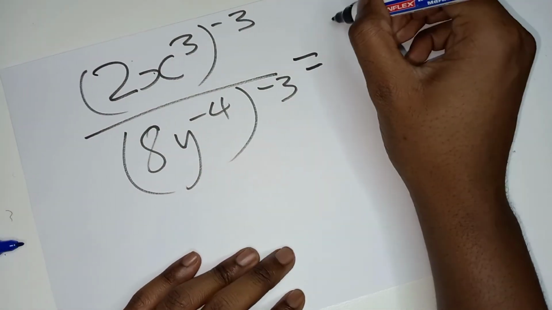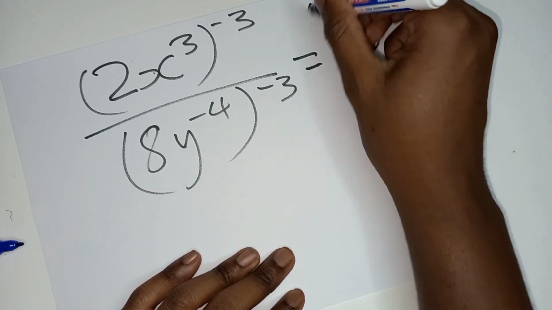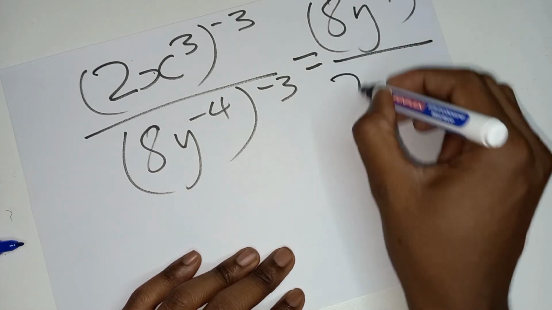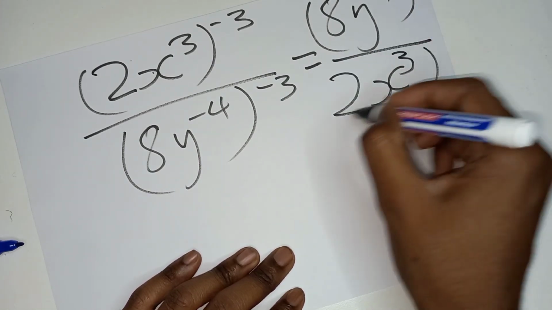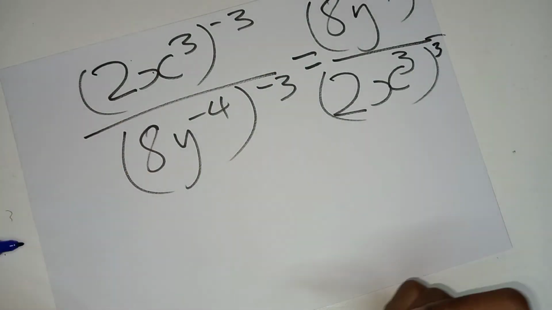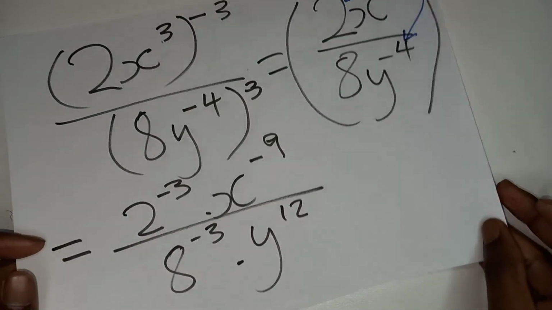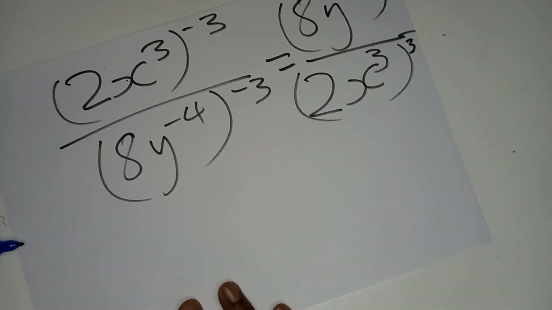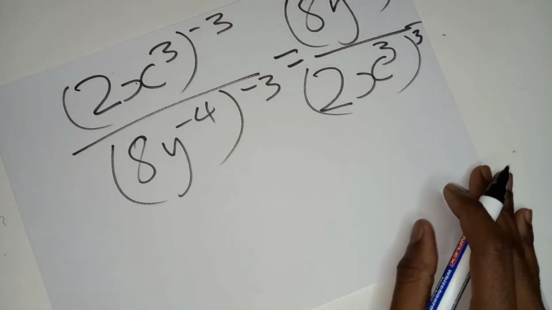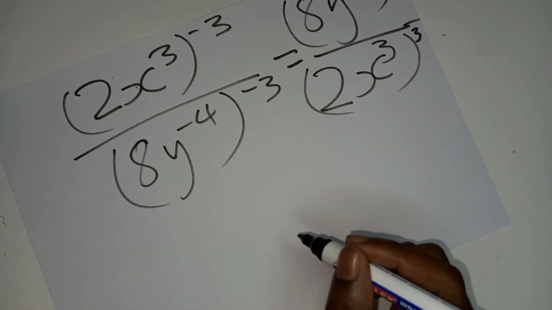So you will have 8y to the minus 4 all to the exponent of 3 divided by 2x to the 3 all to the exponent of 3. Now the two exponents have become positive. Either you solve it this way or this way, you will get the same answer at the end.